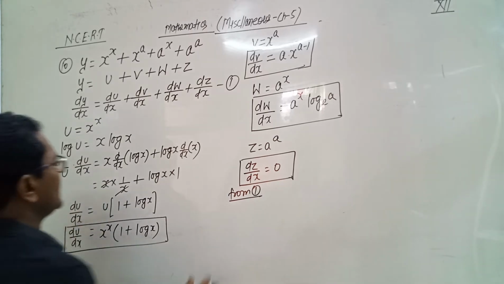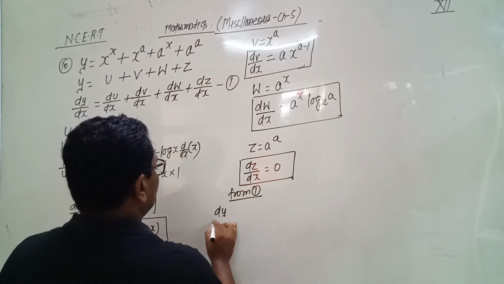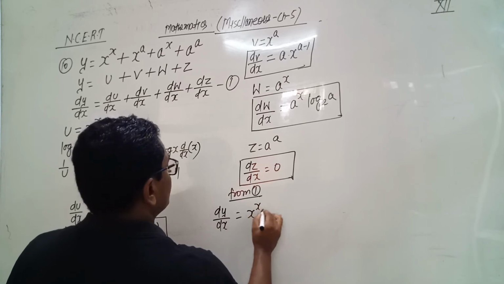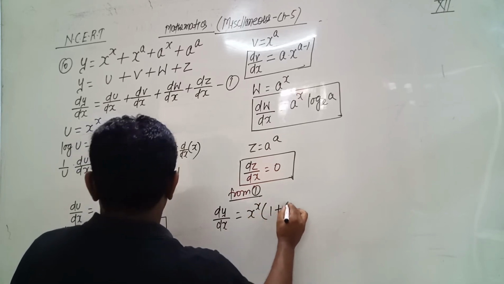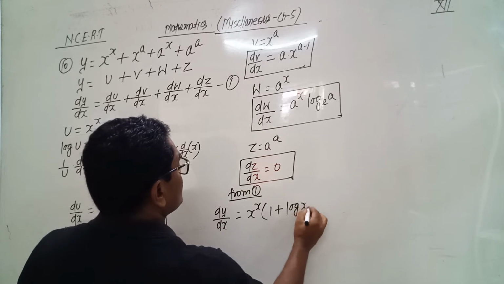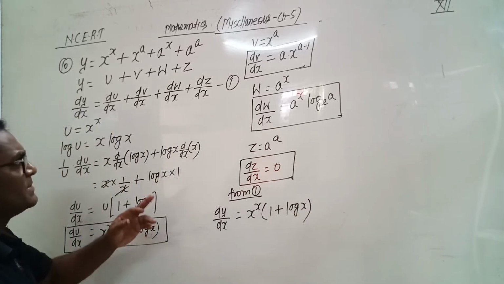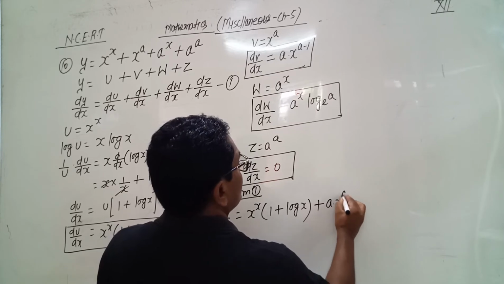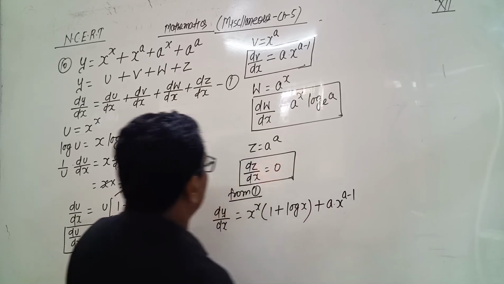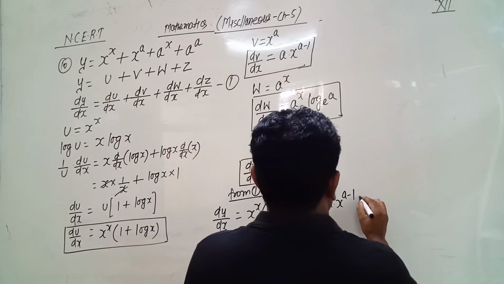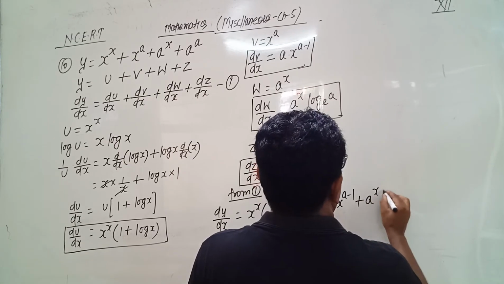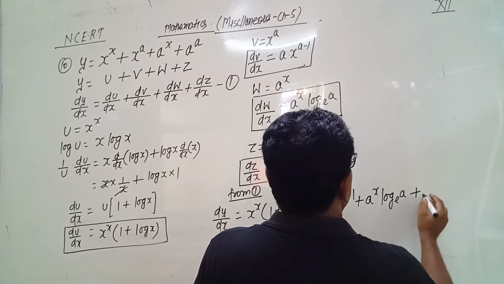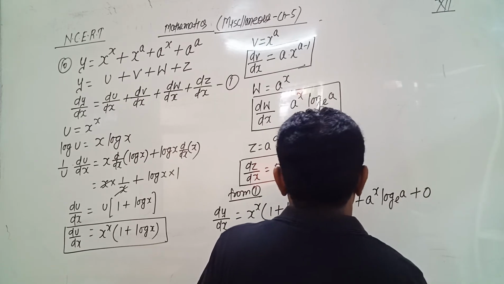So dy by dx equals du by dx, which is x raised to the power x into 1 plus log x, plus dv by dx, which is a into x raised to the power a minus 1, then dw by dx, which is a raised to the power x log base e, and dz by dx, which is 0.